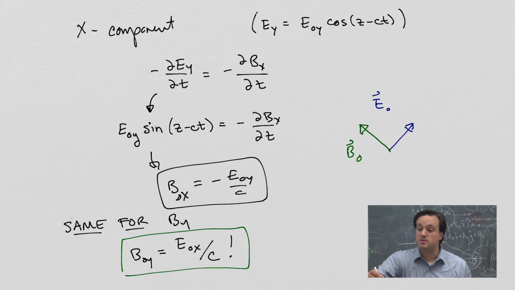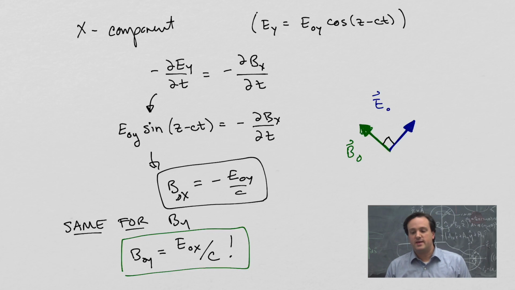That extra minus sign makes it so that my polarization vector, whatever it is, I'm going to draw it over here, my E naught polarization vector points in some direction, then my B naught polarization vector is always going to be perpendicular to it. When I switch the entries and add the one minus sign, I'm creating a polarization vector for the magnetic field that's exactly perpendicular to the polarization vector for the electric field.